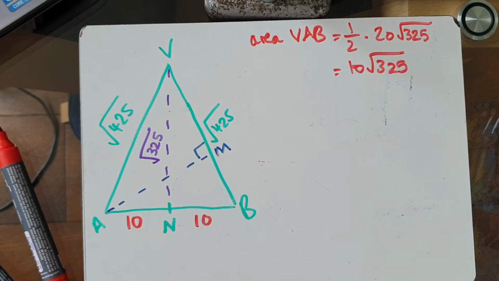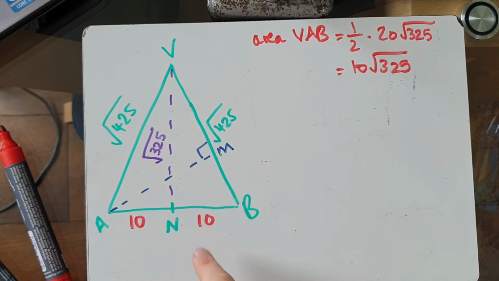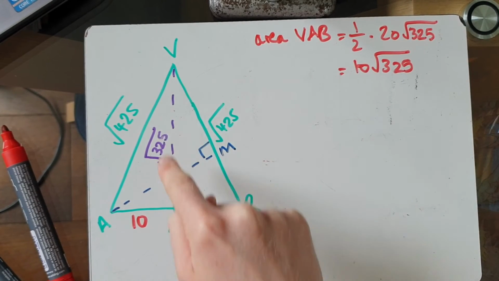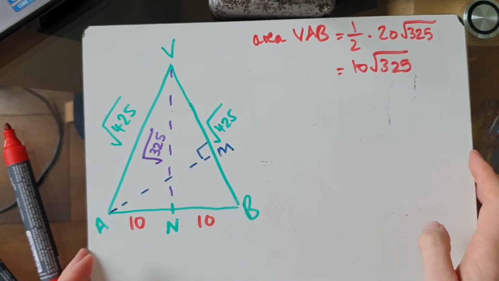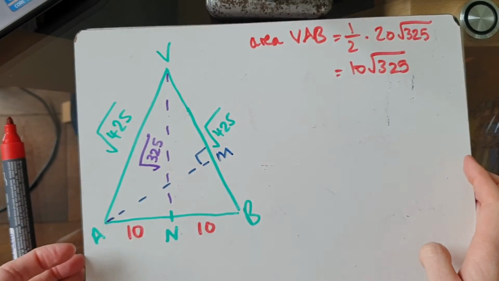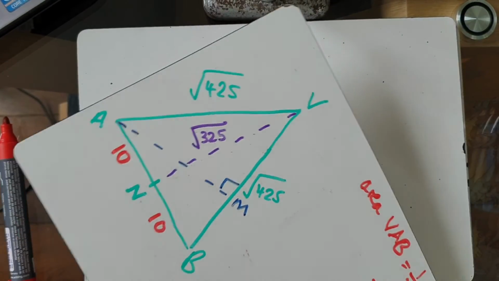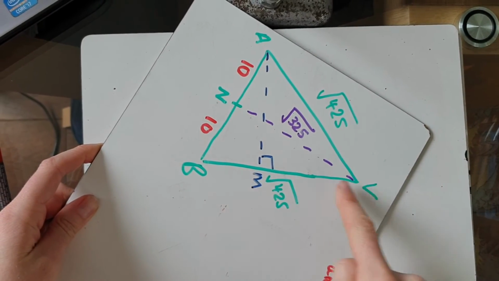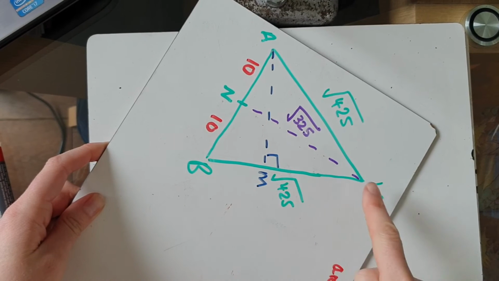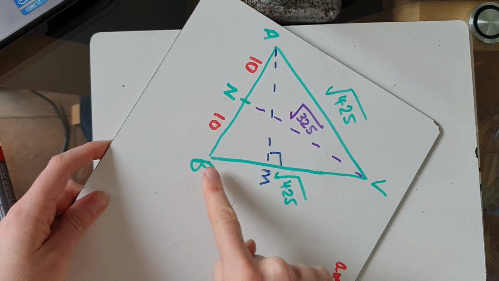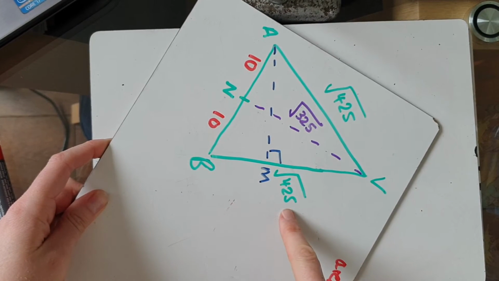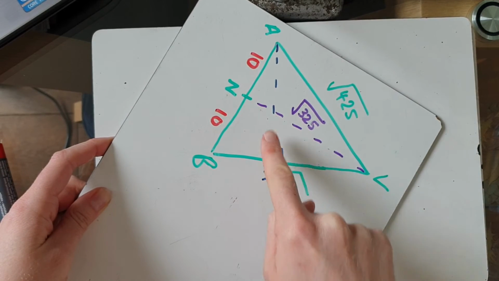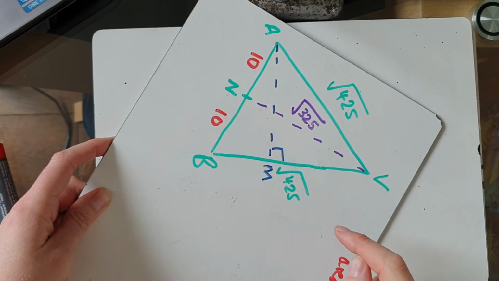Okay, now as we just said, the area of a triangle is half base times height. So if I spin this around so that the base is this line, then the area of this triangle, same triangle, would be half base, which is now root 425, times perpendicular height, which is the distance we are trying to find.